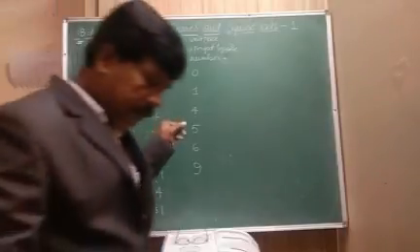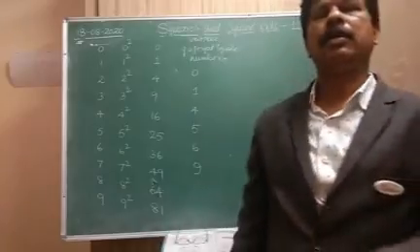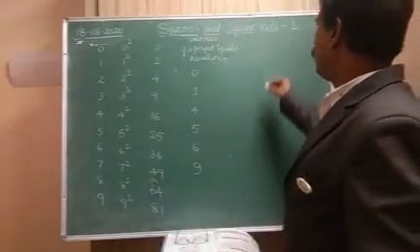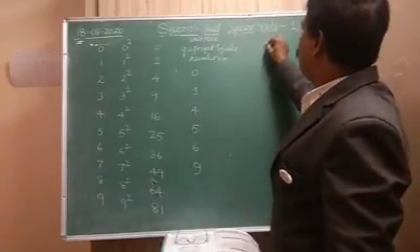To get these digits as the unit place of a perfect square number, the number must end in certain digits.